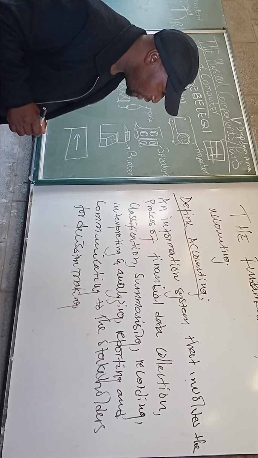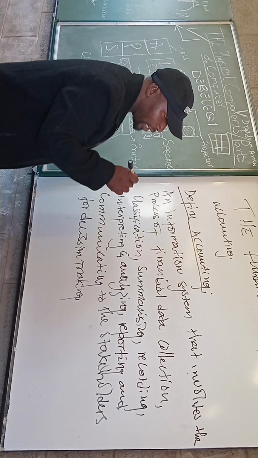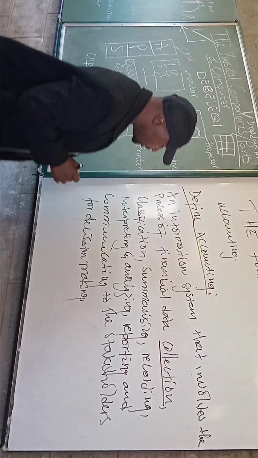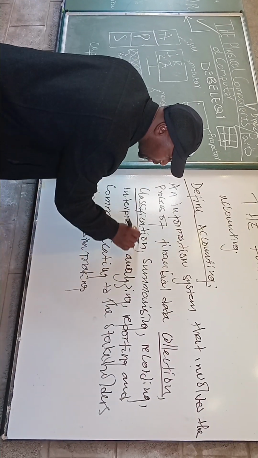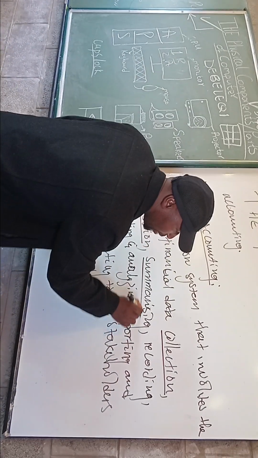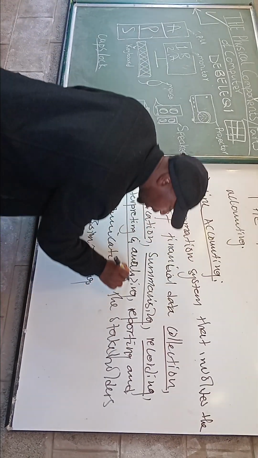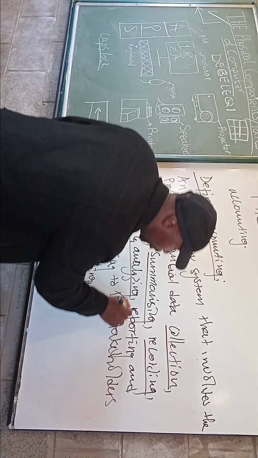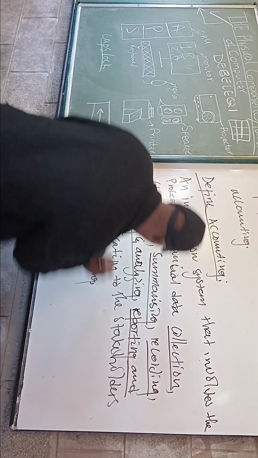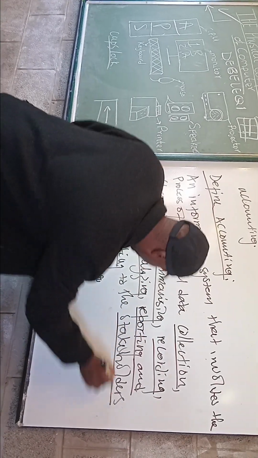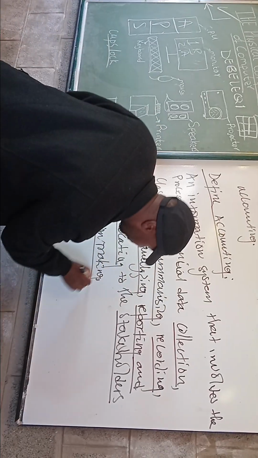Now, that being the case, we first of all have to underline the word collection and classification, also summarizing, recording, interpreting and analyzing, reporting and communicating to stakeholders for decision making. These are the keywords of our definition.